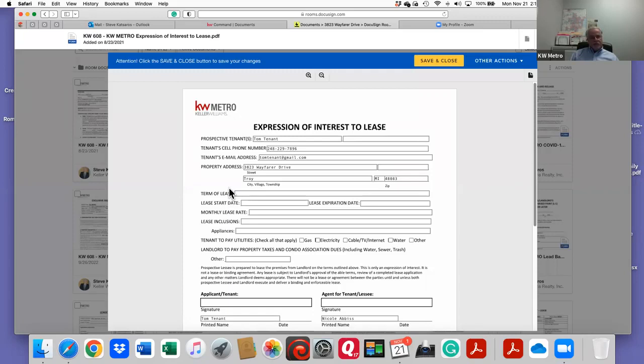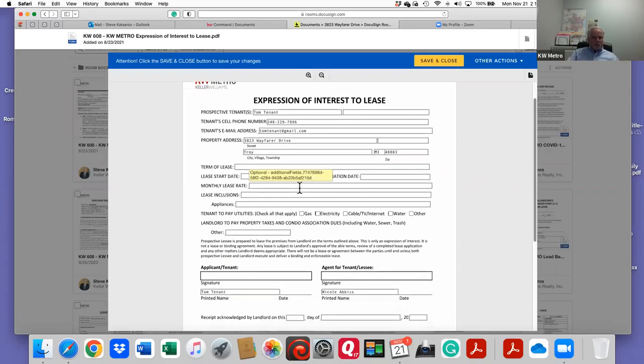And it's pretty gender friendly, pretty ethnic friendly. It doesn't know any of those things. It's just taking an applicant with what you've taken and put on this information here. So with the expression, the only thing we're really asking that's personal information is an email address for the tenant and a phone number.